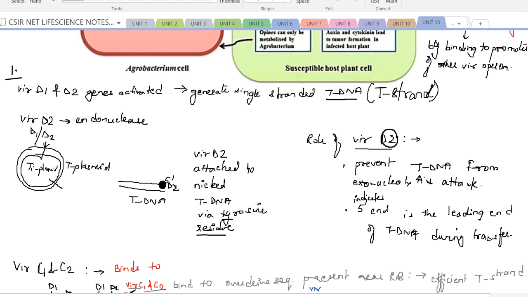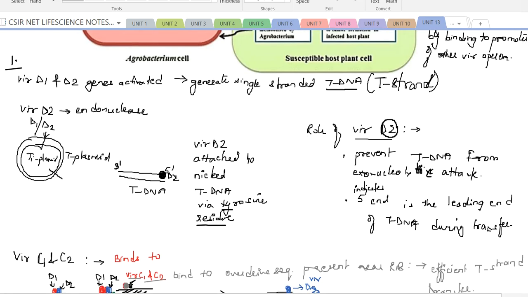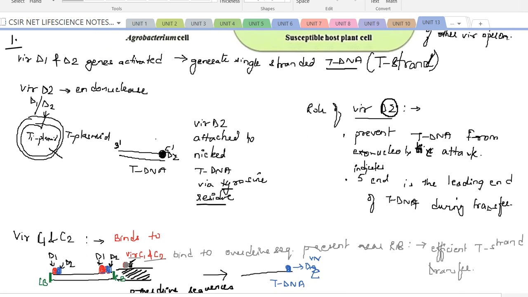Because it was proved that this might be protecting the tDNA from exonucleolytic attack. Also, it remains bound to the 5' end, which says that this is the leading strand, the side from where the transfer will take place.